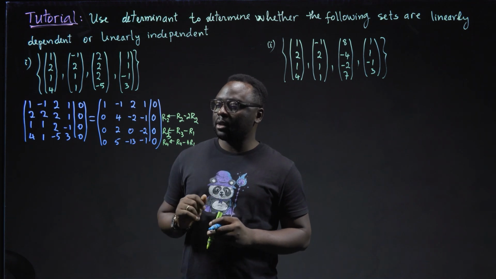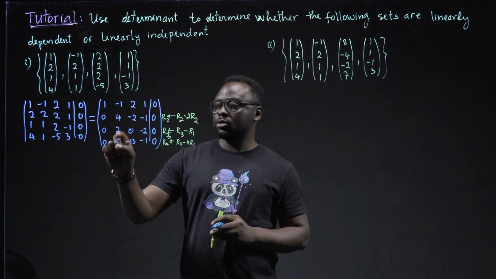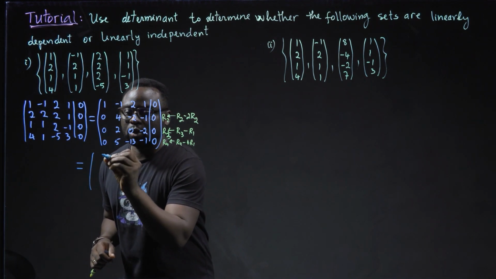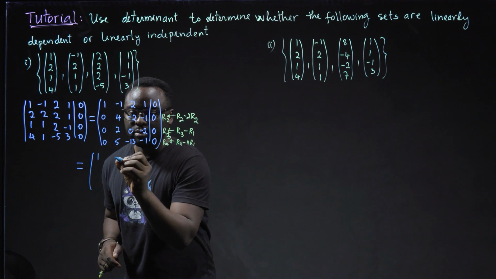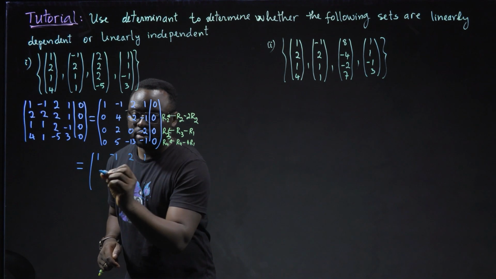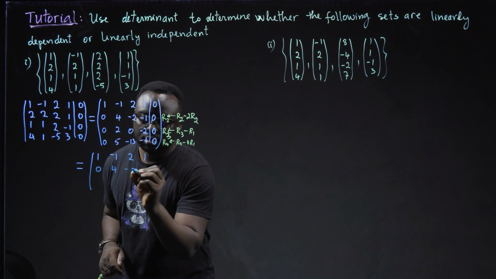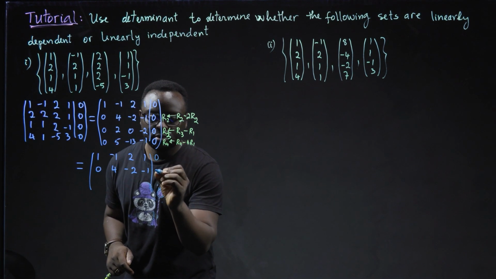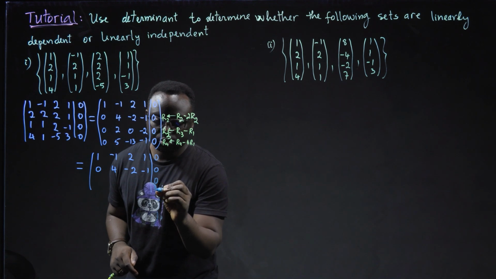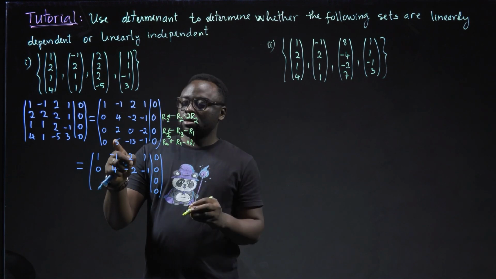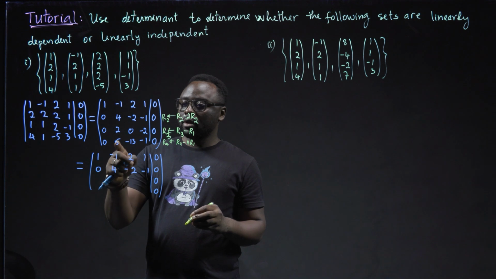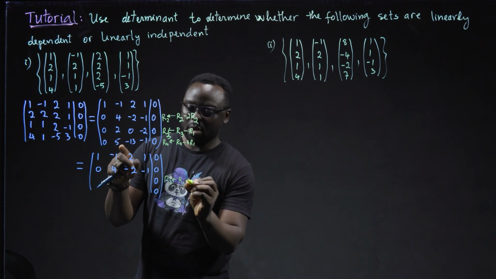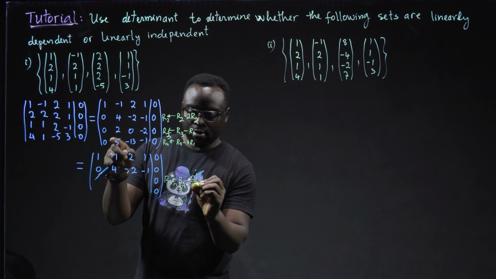Now let's target the second column. We want to get rid of these two entries, okay? So let's write it. The first row is the same. The second is the same. Then for the third row, I want these two to be 0. So this becomes R3 minus 2 over 4 R2.